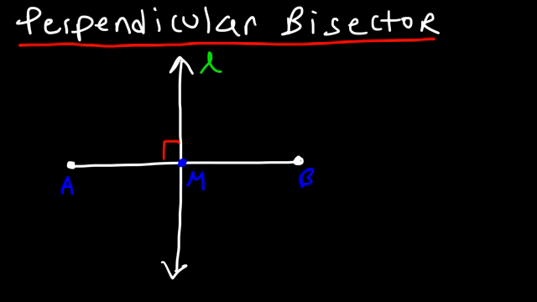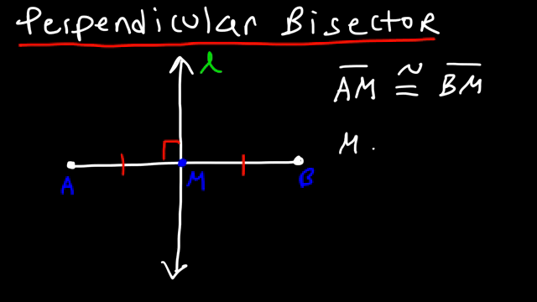So a perpendicular bisector forms right angles with the segment that it intersects, and at the same time, it also bisects the segment into two congruent parts. So when dealing with perpendicular bisectors, you can say things like segment AM is congruent to segment BM. You can also say that M is a midpoint. And you could also say that angle, let's add some points here.